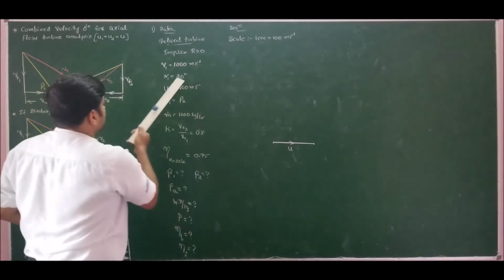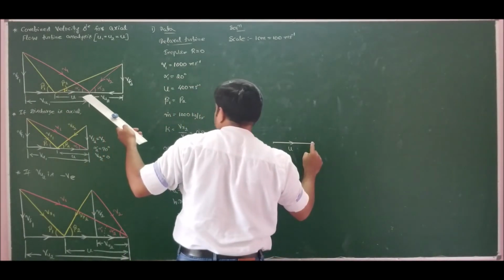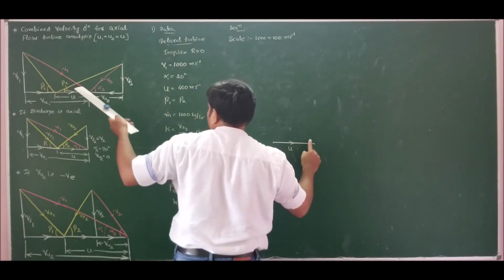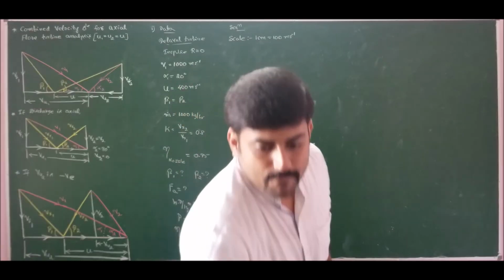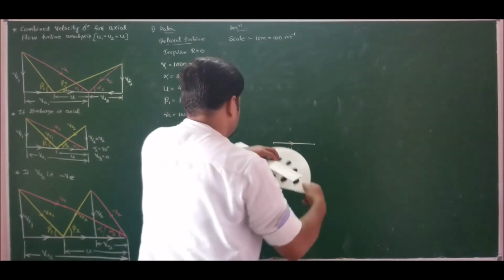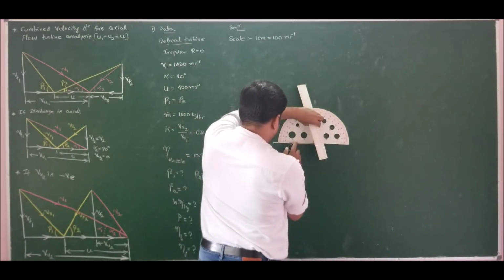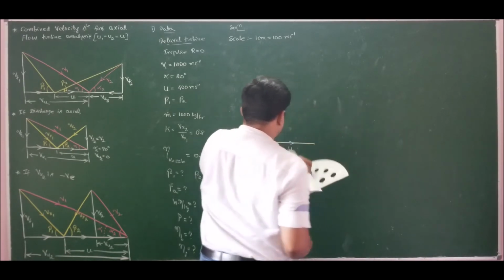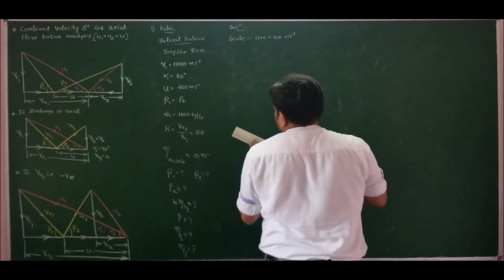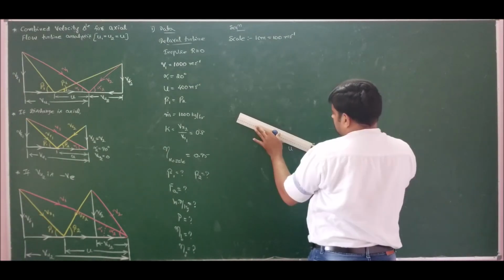Now we know the values of alpha 1 and v1. So alpha 1 is marked at the right corner of u and v1 is also known. First mark alpha 1 as 20 degrees. Then draw v1, which is 10 centimeters.